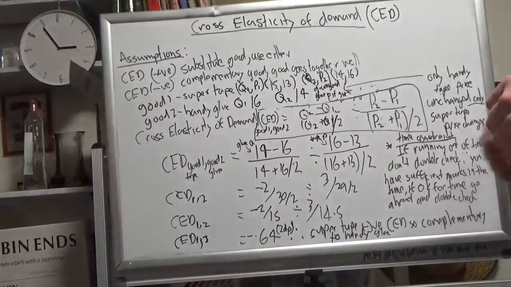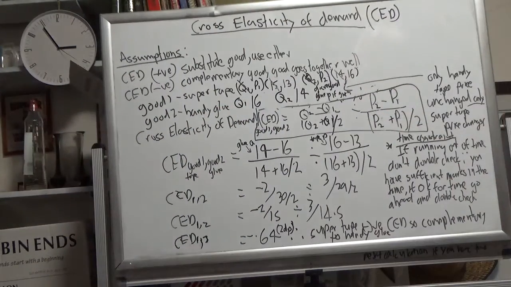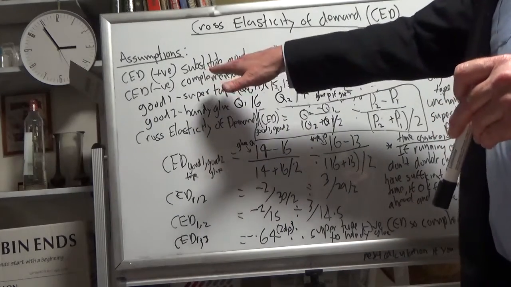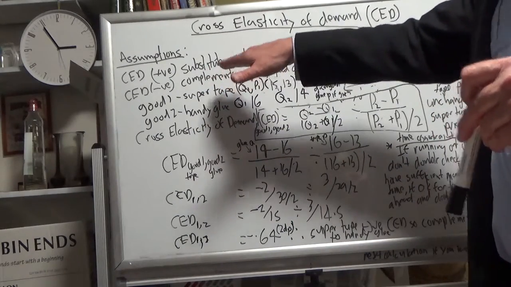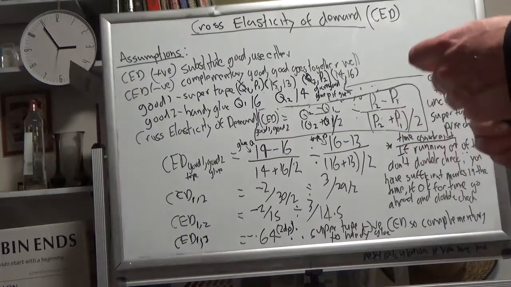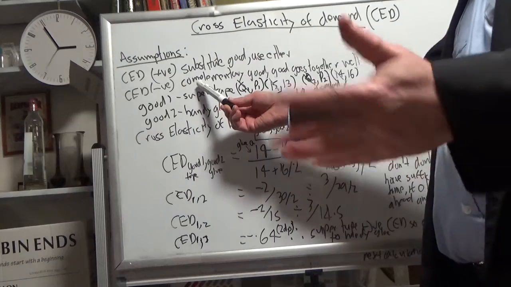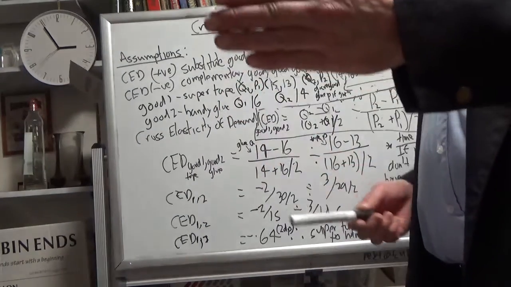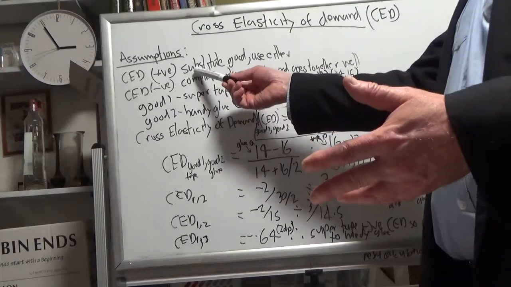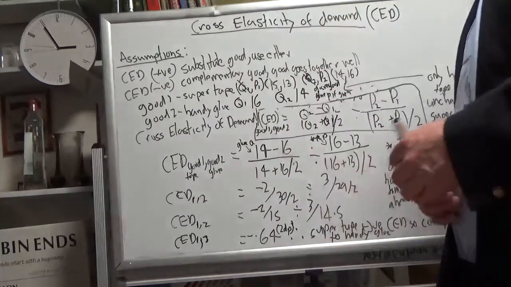What we mean by cross elasticity of demand is we're looking at the effect of the change of one price on one good, what happens to the change in quantity demanded with another good. And we're checking to see if those goods are either complementary, they go well together, such as a motorbike and a motorbike helmet, or substitute goods, that fruit example, where oranges substitute for pears quite easily.